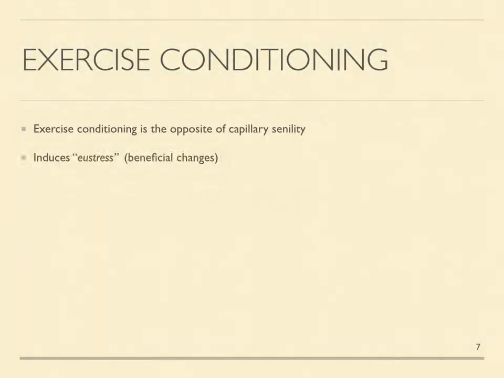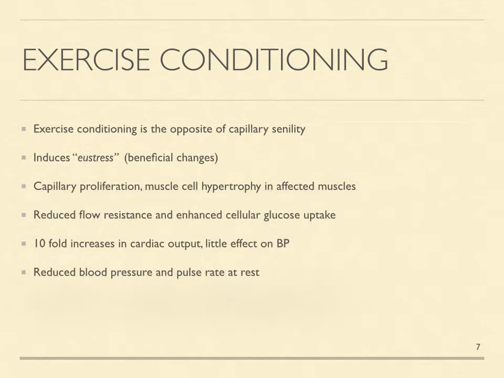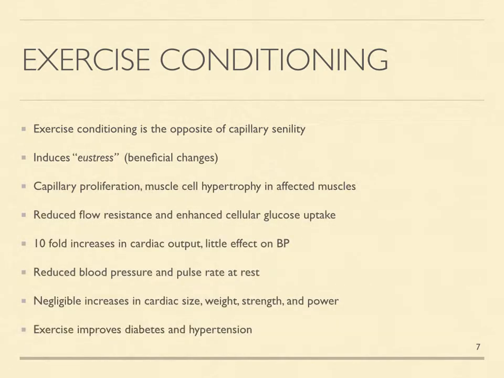Exercise conditioning is the opposite of accelerated capillary senility. It induces capillary proliferation and muscle cell hypertrophy in the muscles and tissues affected by exercise. For example, running induces capillary proliferation in leg muscles, and weight training induces muscle cell hypertrophy in arms. The capillary proliferation reduces capillary flow resistance and enhances tissue perfusion and glucose uptake by cells.